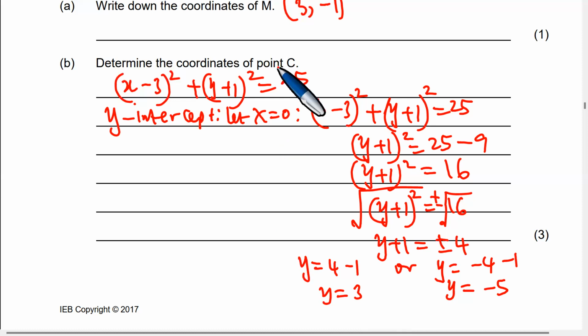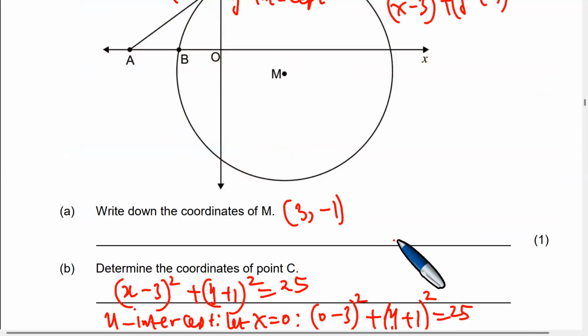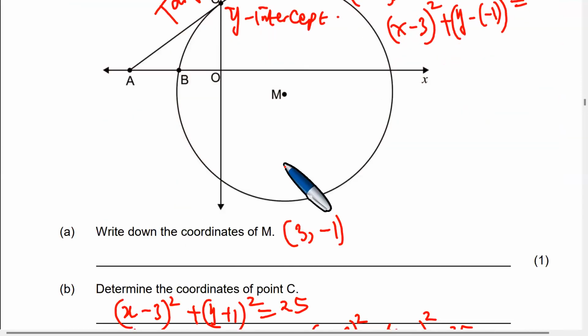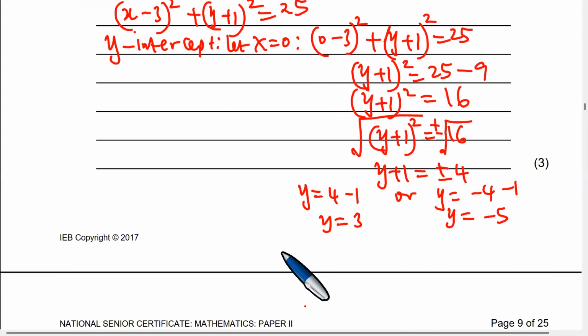So the coordinates of the point C, which one? Because now you have either 3 or minus 5. You need to choose. Which one is going to work for the point C? 3. Well done, it's 3. So the coordinates of C are 0 and 3.